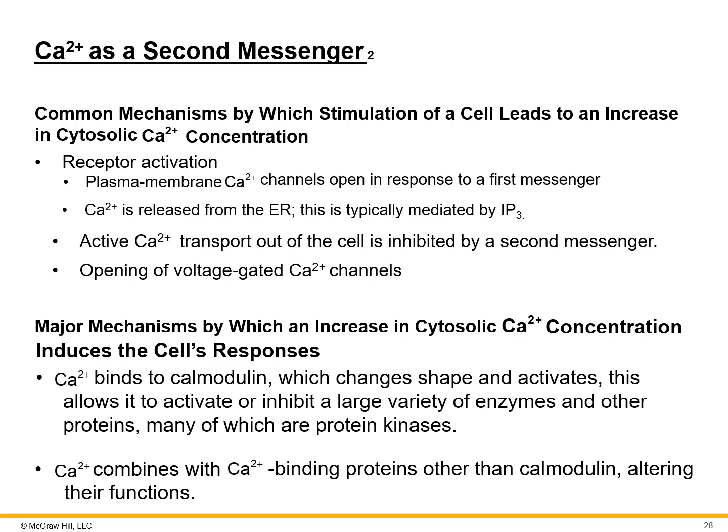Okay, so let's go back to the enzyme protein transduction pathway that we talked about, where there was a tyrosine kinase enzyme. There are other types of kinases which can be embedded in the integral protein that, when calcium binds to it, causes activation. Calcium combines with calcium binding proteins other than calmodulin and can alter their normal functions as well.